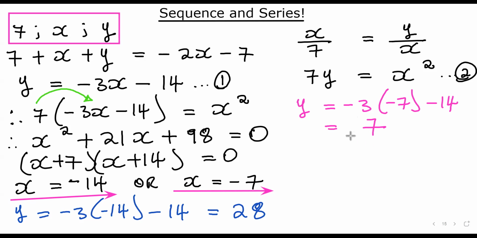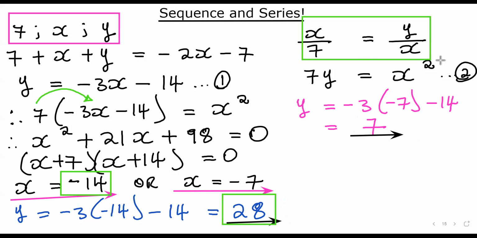Now we need to test both of these values. And how do you test them? According to their correspondence, of course. In other words, when x is negative 14 and y is positive 28, see if you get a constant ratio.